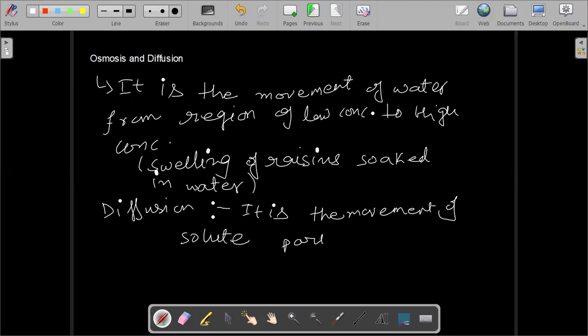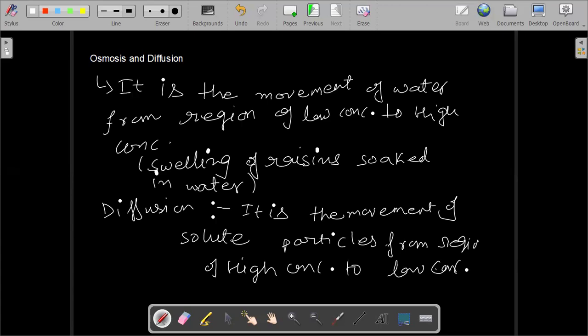Also see here, there is no necessity of a semi-permeable membrane. No membrane is required over here. Diffusion can occur without any membrane. And also it is the movement of solute particles from a region of high concentration to low concentration.